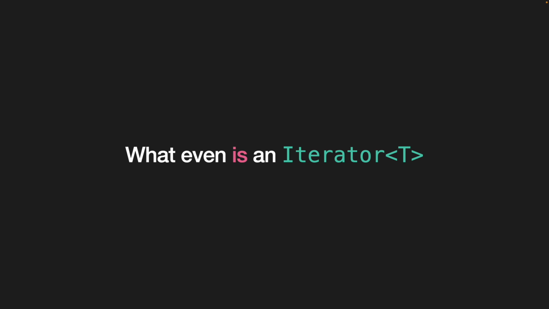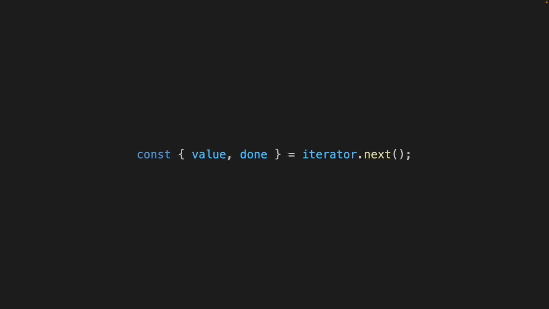What even is an iterator? So let's make that clear. It's a short recap of what iterators are. And actually, it's not that hard to understand because iterators have a very simple interface or contract. If you follow that, then JavaScript will be like, yeah, it's fine, it's an iterator.